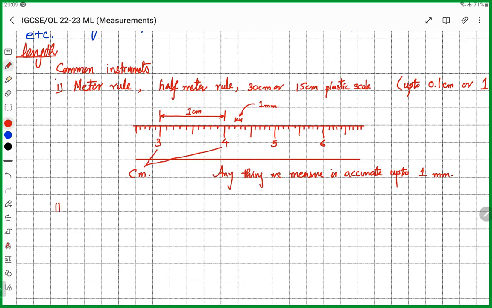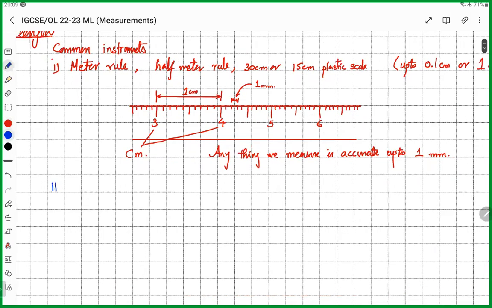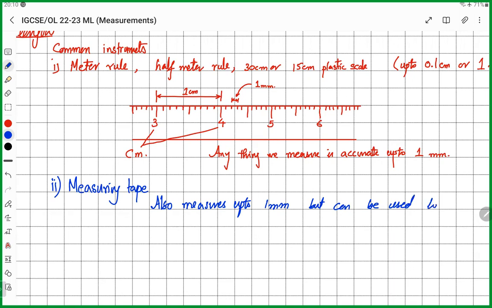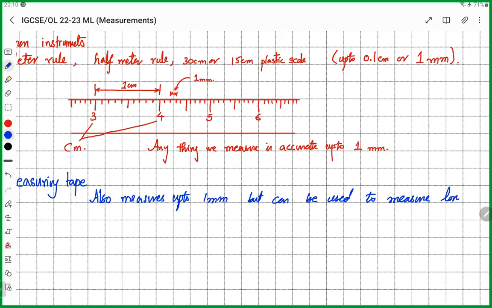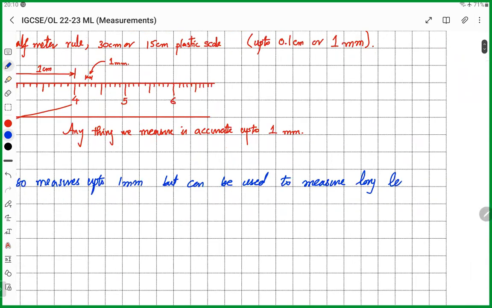Okay. Number 2 is measuring tape. It also measures up to 1 millimeter, but can be used to measure long lengths.